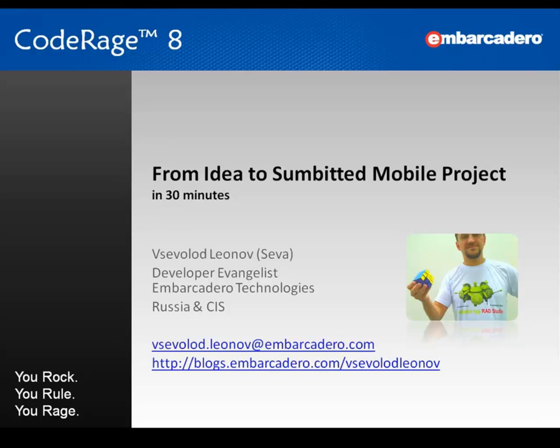Please go to my blog, and if you want more instruction, please drop me a line, and I will make another blog post to answer your question publicly. It's just first name dot last name. Everybody knows Vsevolod, how to pronounce that. I'd just say Seva, but I'm putting it in here: Vsevolod.Leonov at Embarcadero.com. Oh, yes, in Russia also I'm suffering from the length of my name.